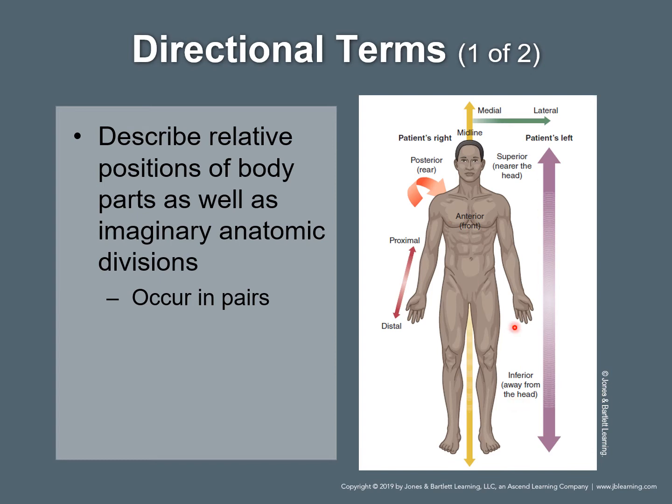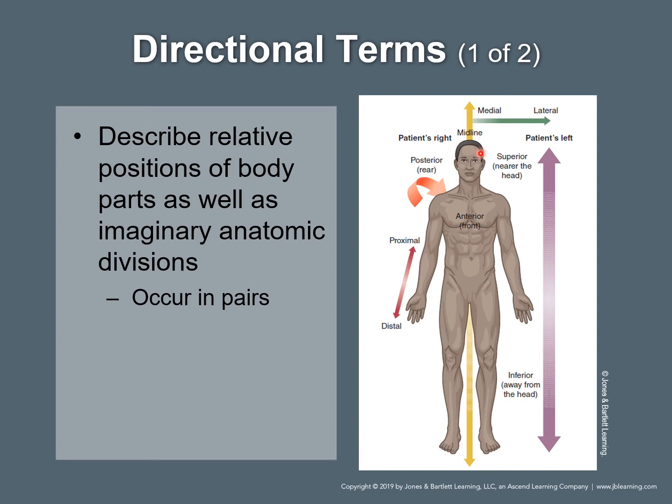So you're going to use these directional terms if you are trying to describe where an injury is on a person's body. Let's say that he's got a hematoma right here, right above his eyebrow. You're going to try to describe the location of this hematoma.